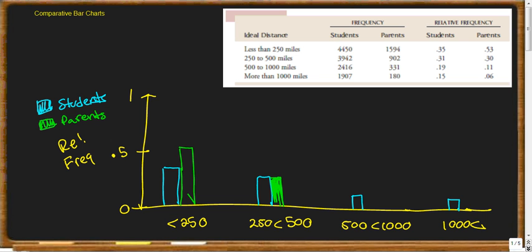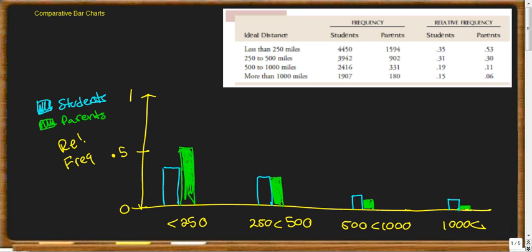Sorry, I'm going to color that in because I messed that up. Then we go to 11%, so quite a bit lower. And then 6% finally at the end. Very, very low. But this gives you an idea of how these two different graphs compare.